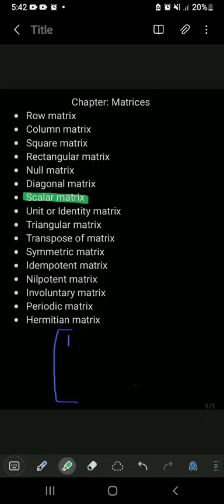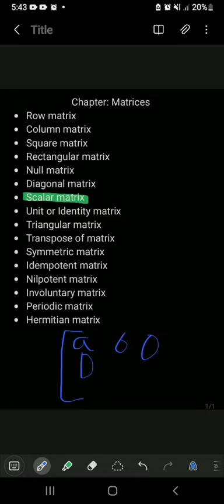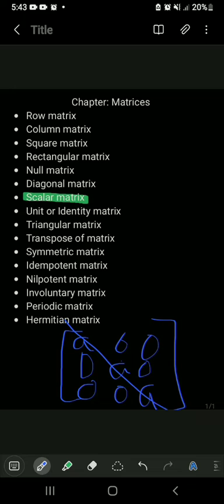For example, A 0 0, 0 A 0, 0 0 A, whose diagonal elements are the same. See the line of diagonal. Here is written A, here A, here A. The diagonal elements are all the same. It is a scalar matrix.